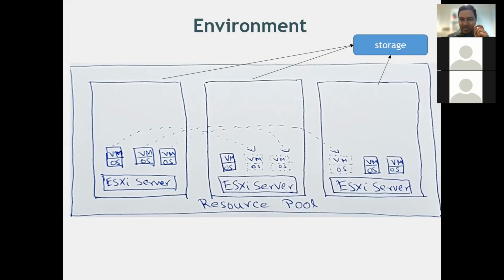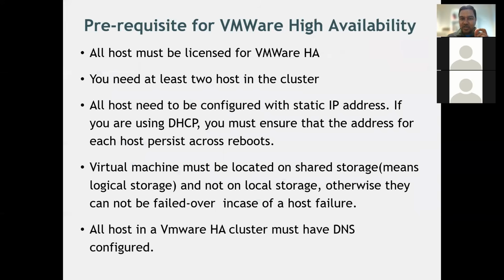So they should have a fixed IP address, that is called a static IP address. And the dynamic host configuration protocol must ensure that the addresses of each host persist when it is rebooted. When the VMs are moved, they will be rebooted, right?